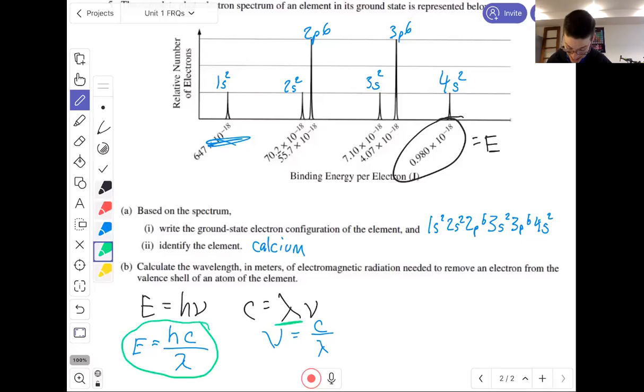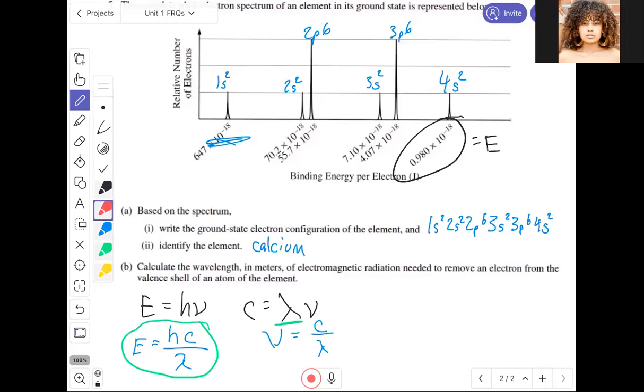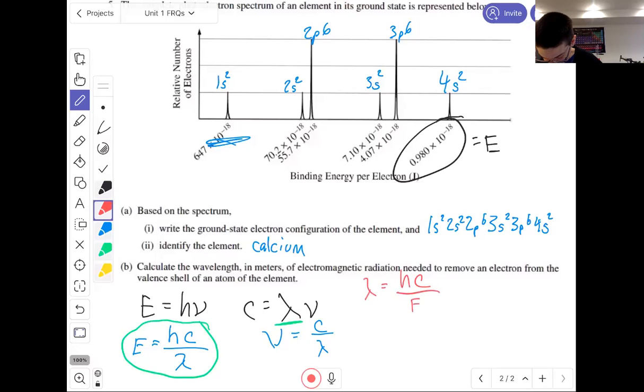So this is the combined form of the equation, and you can annotate your formula sheet with that. The nice thing here is 2 of those 4 things are constants. H is a constant, Planck's constant, and c is a constant too. Then we have E, which is 0.980 times 10 to the negative 18. And then we're looking for the lambda.